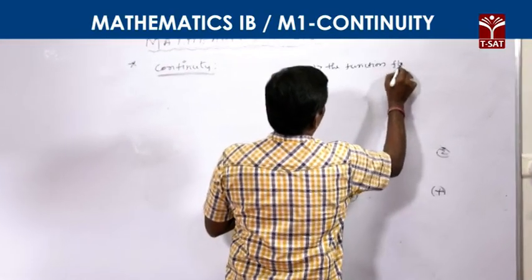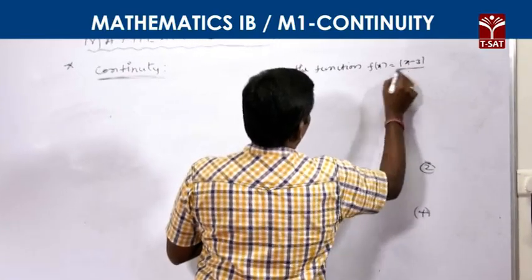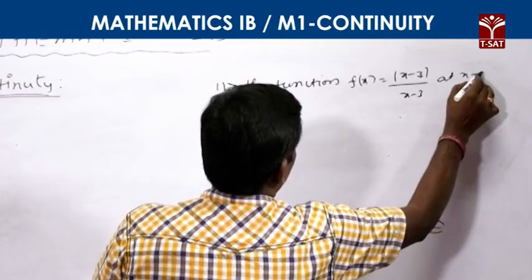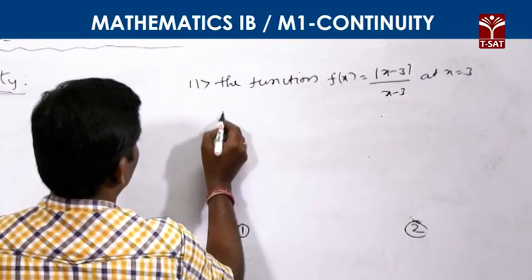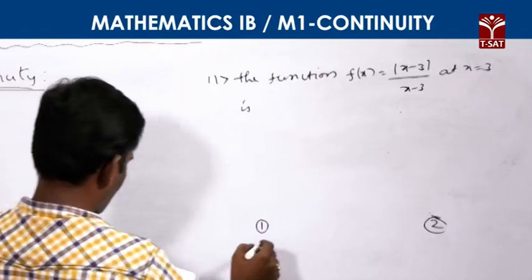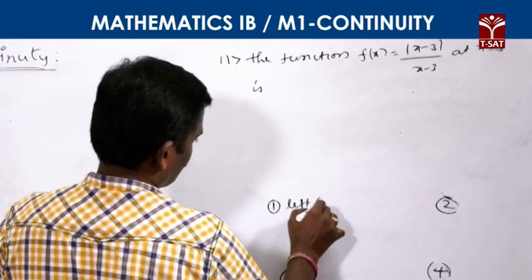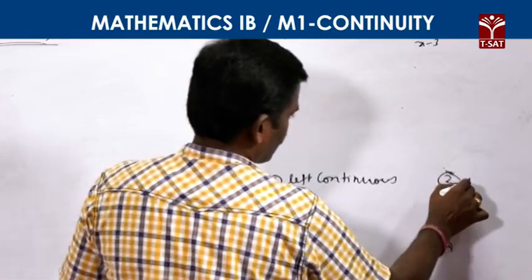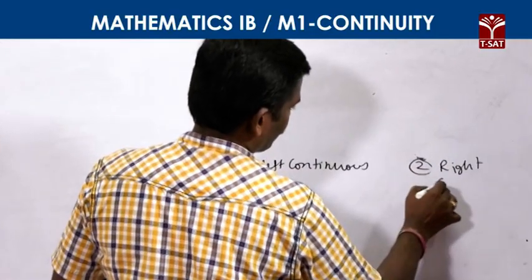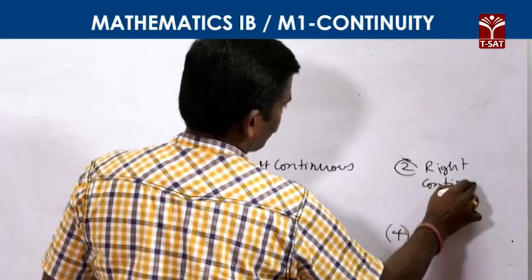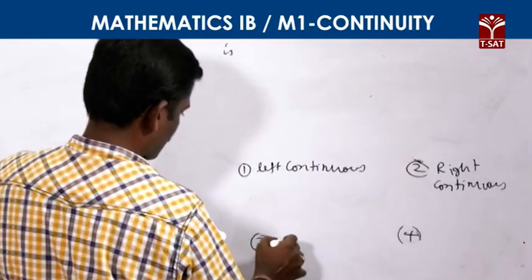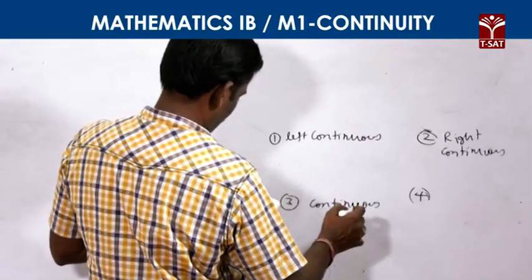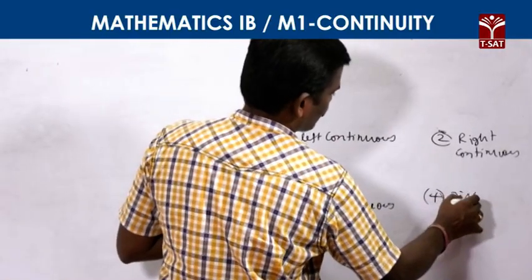f of x is equal to mod of (x minus 3) by (x minus 3) at x equals 3. The first option is left continuous, the second option is right continuous, the third option is continuous, the fourth one is discontinuous.